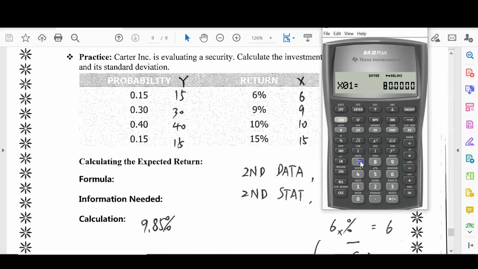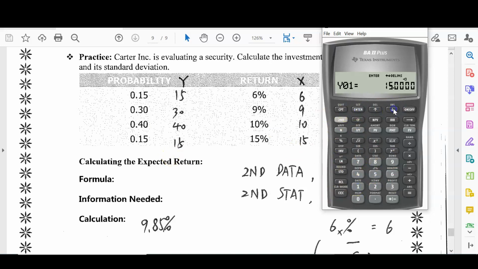I go to second data, X1 is 6, enter, Y1, 15, enter, X2, 9, enter, Y2, 30, enter, X3, 10, enter, Y3, 40, enter, X4, 15, enter, Y4, 15, enter.